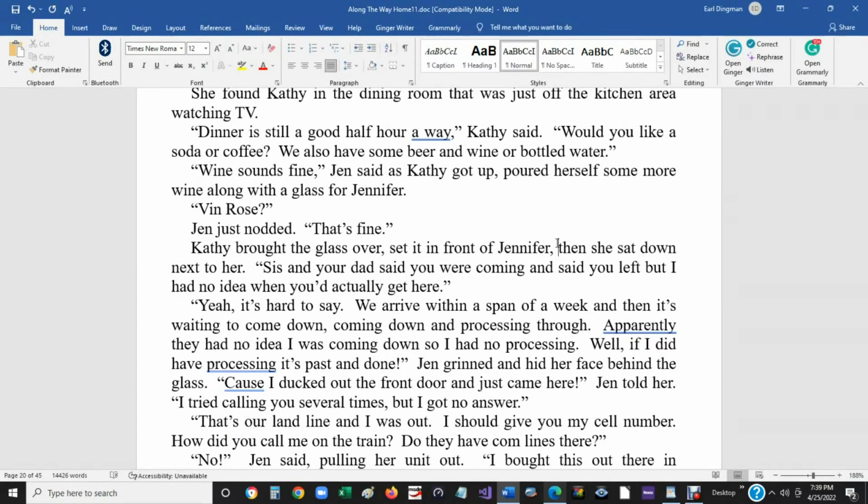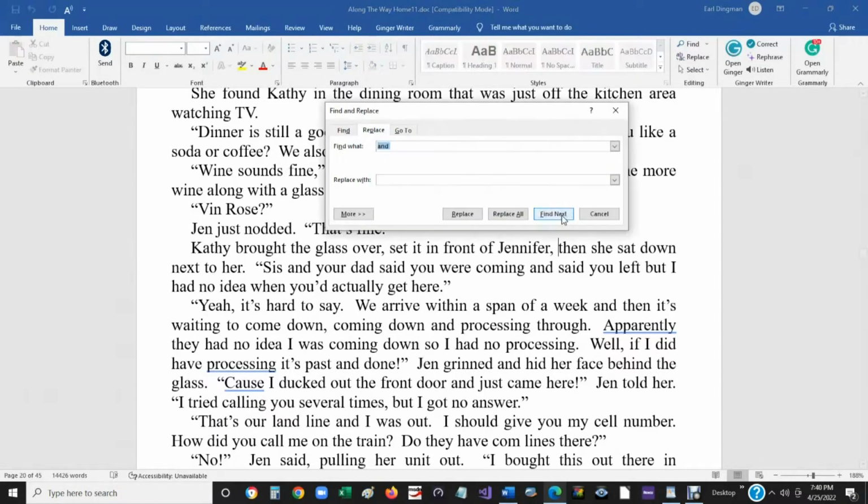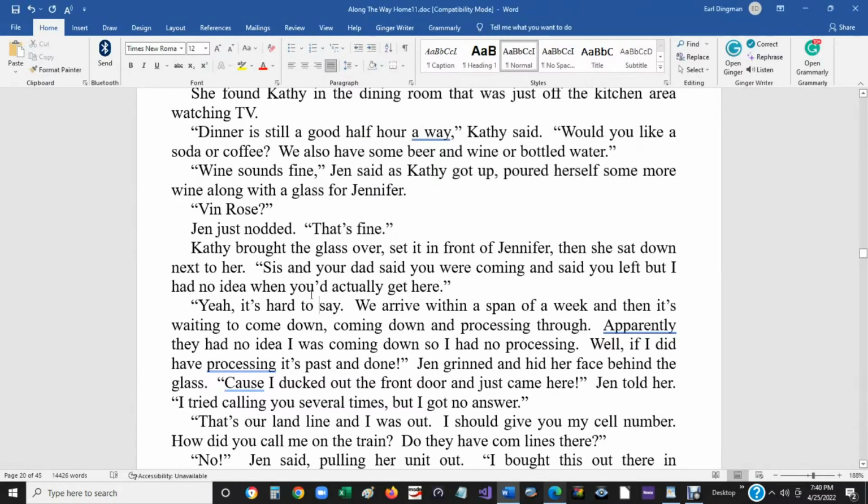"Sis and your dad said you were coming and said you left, but I had no idea when you'd actually get here." And that's a very awkward sentence. Kathy is Jennifer's aunt. Jennifer's mother is Kathy's sister.